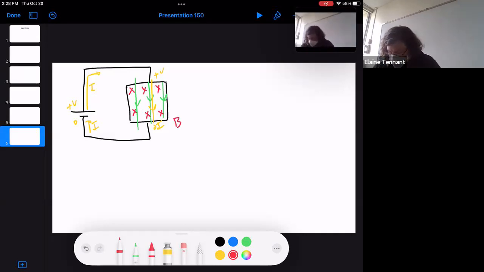And so let me ask you a question. I've got too many colors in here now, so I'm going to reuse yellow. If I have positive charges going down, I have my magnetic field into the board. Which way will the magnetic force be?